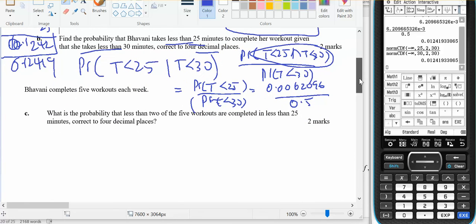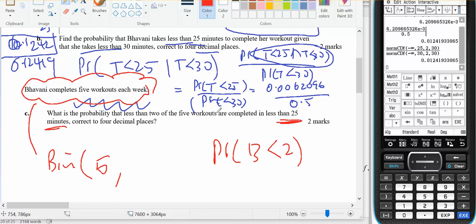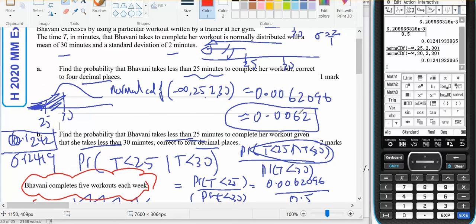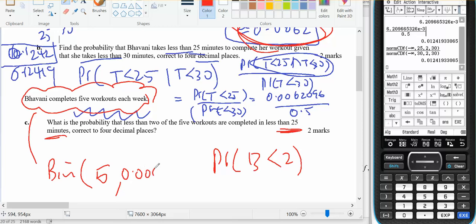Okay, part C. She completes 5 workouts each week. Alarm bells tell me I've now moved to a binomial, where n is 5. The probability that less than 2 are completed in less than 25 minutes. I know the probability of being less than 25 minutes is 0.0062, because that was the probability from before.